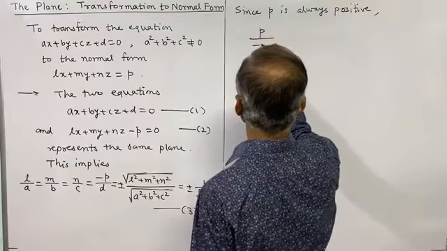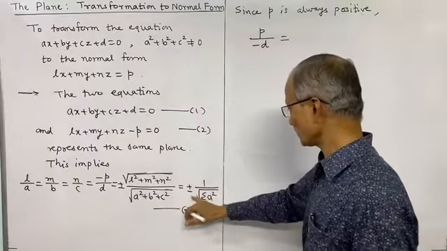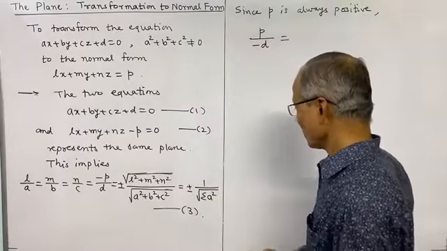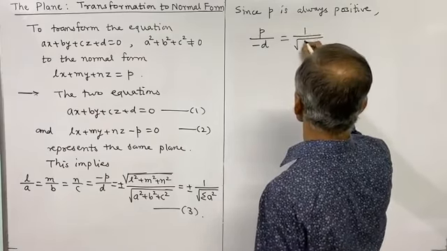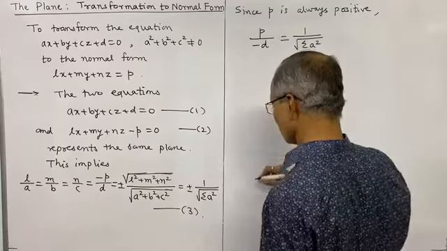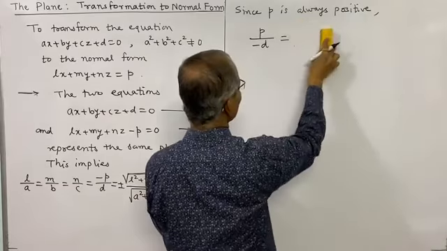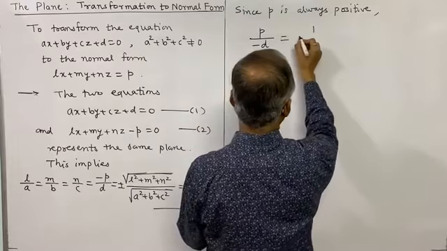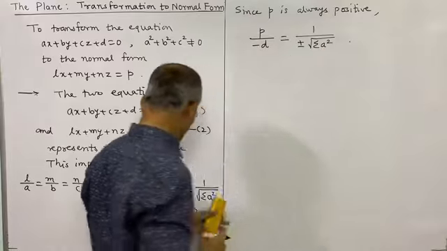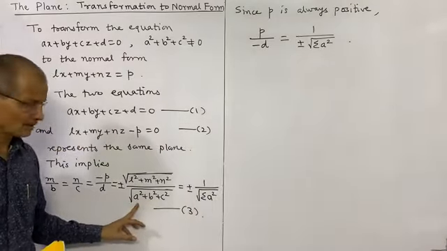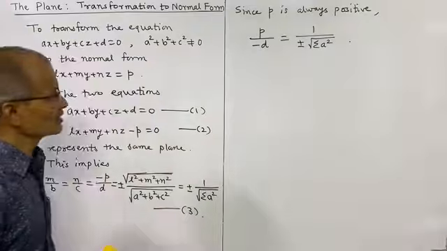The negative sign attaches with this d, and the right side is 1 divided by plus or minus root of summation a squared; that sign is for the radical. Summation a squared we have used as short notation; it means a squared plus b squared plus c squared.